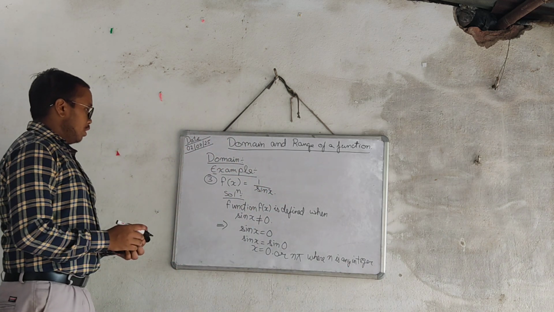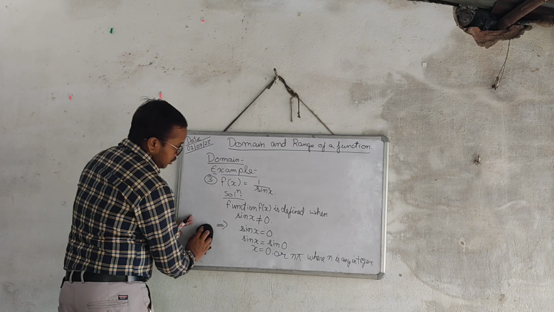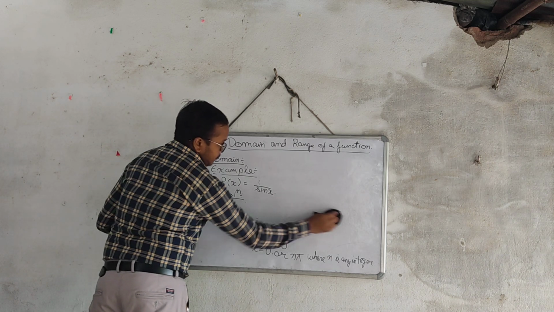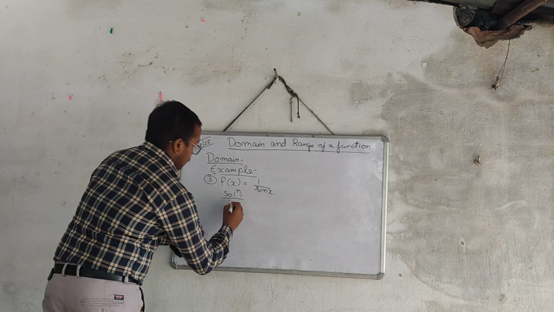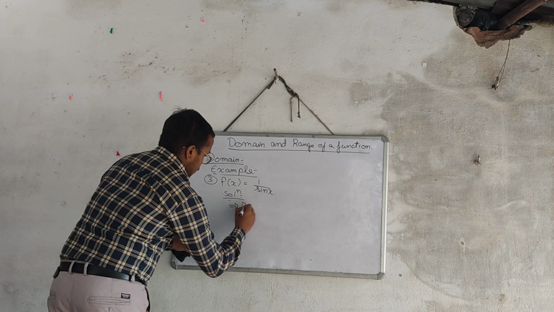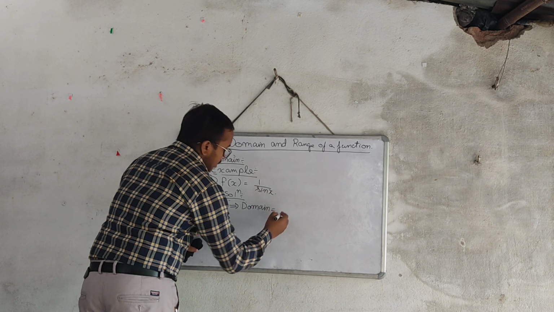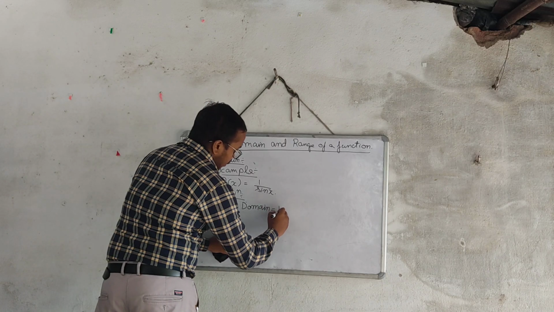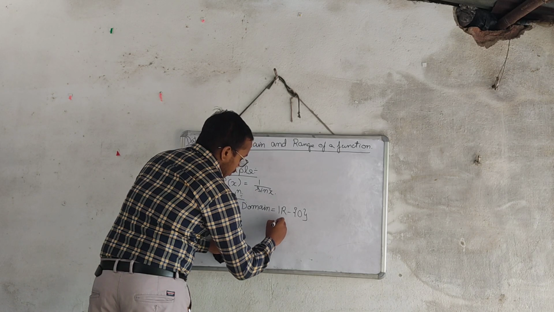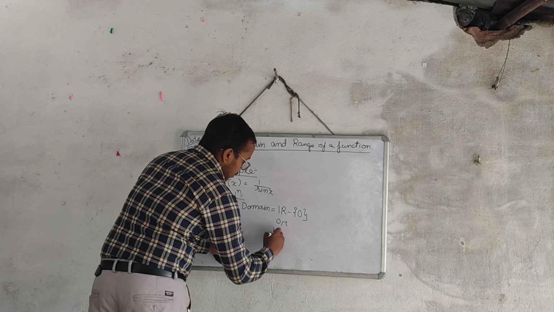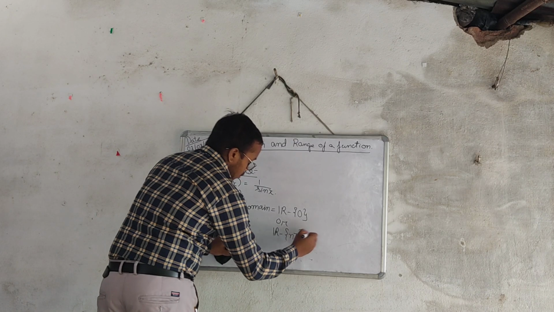Okay, so now the domain of this function will be all the real numbers except the multiples of n pi.